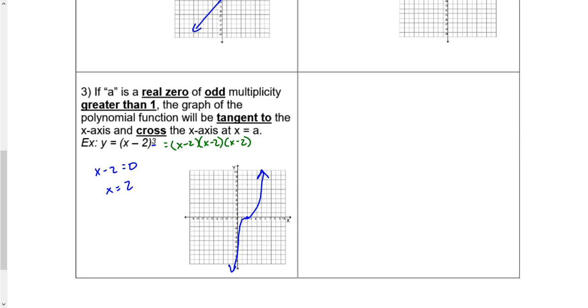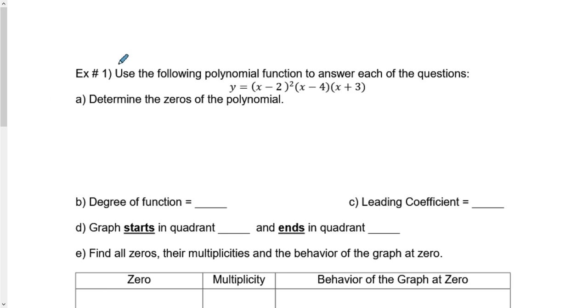So let's talk about what that really means in context. For our first example, we're going to use the following polynomial function to answer the following questions. I know this specific example is actually above Foundations 30, but we're using it to help understand what the characteristics are.